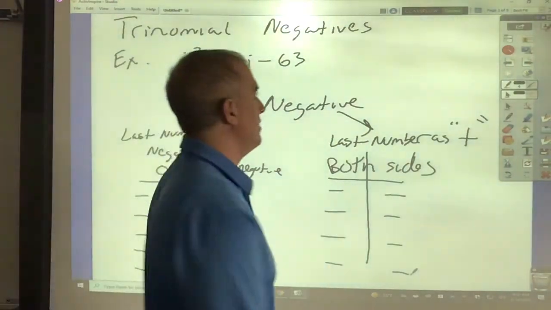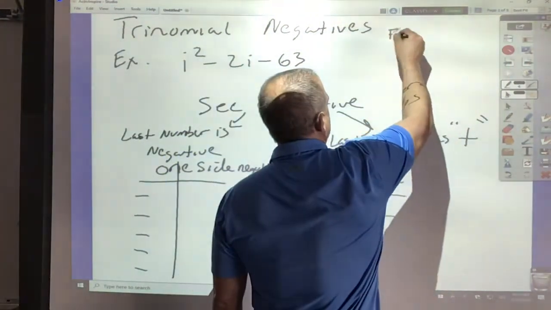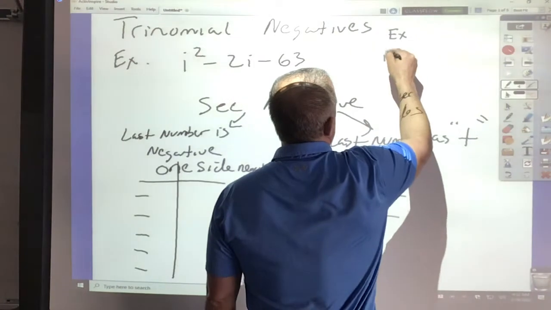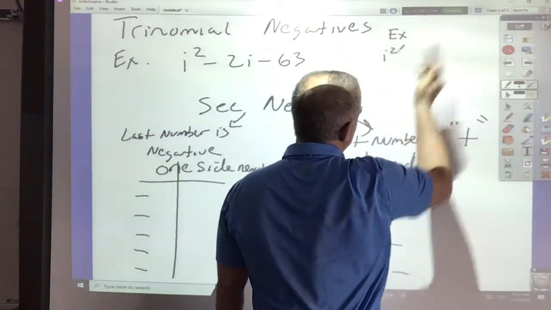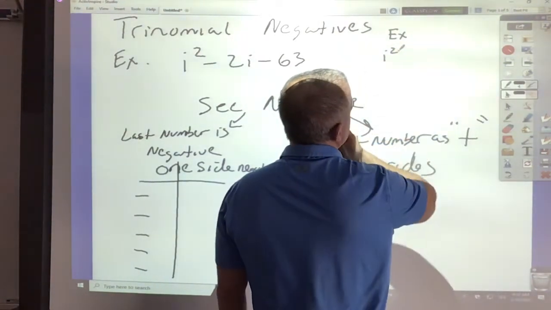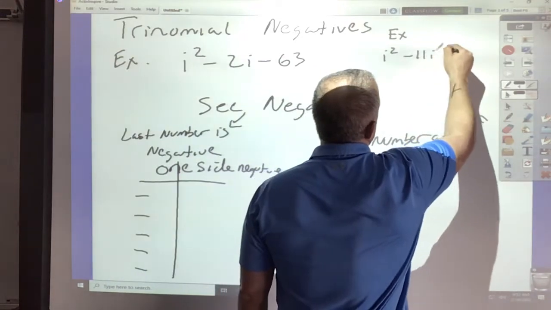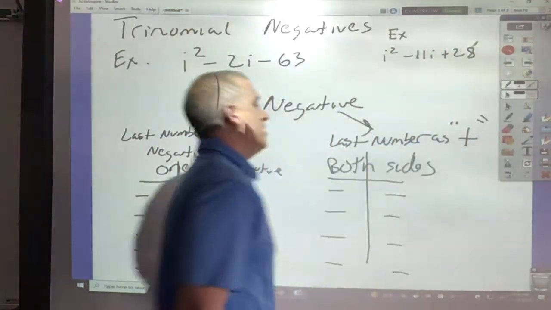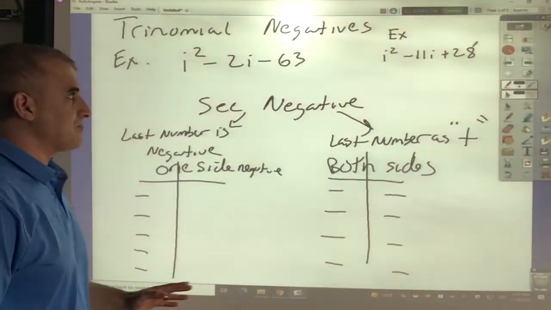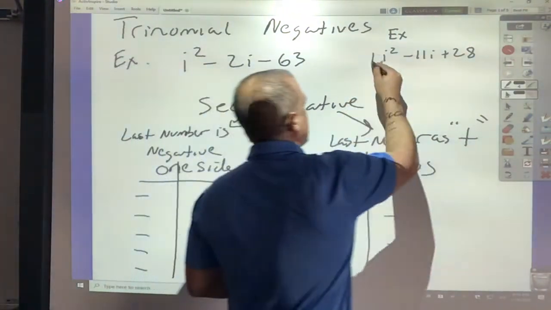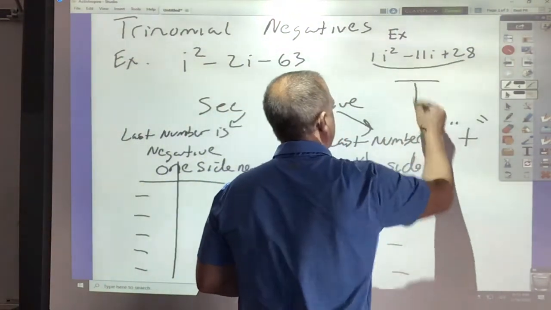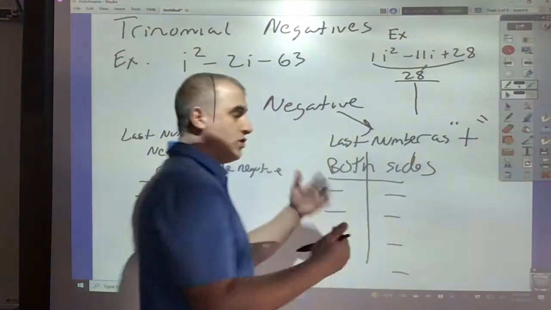Let me go through a couple of examples. Let's say I had x squared minus 11x plus 28. I would go to make my chart. That would be 1 times 28, which would be 28.